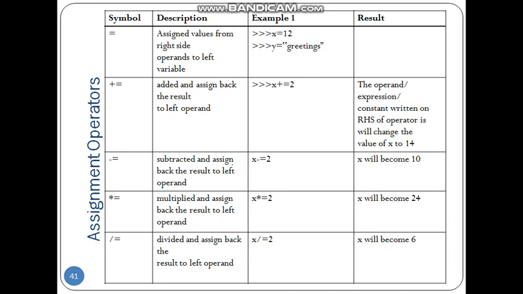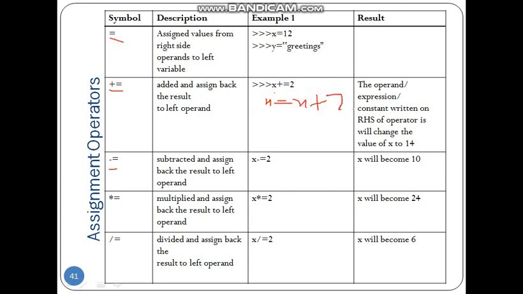Now let's see the assignment operator. We already know the assignment operator, that is the equal sign. The equal sign just assigns the value from the RHS to the LHS. Then we have some other assignment operators also, like plus equals, minus equals. So plus equals means, look at the example, x plus equals 2 means x equals x plus 2.